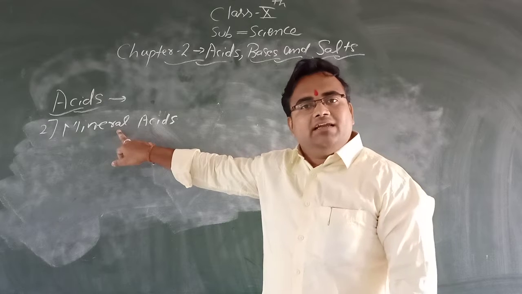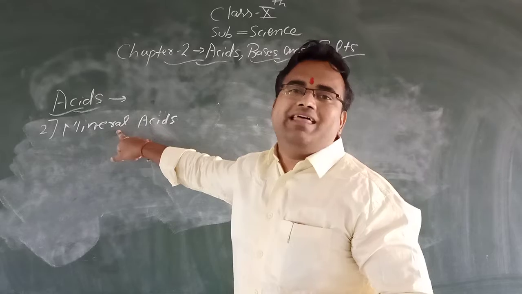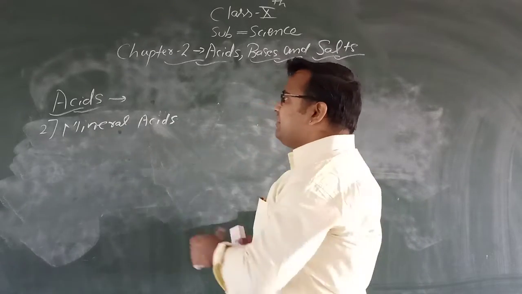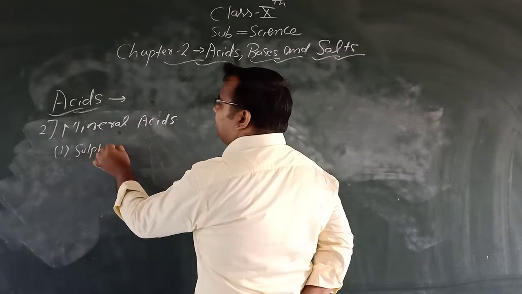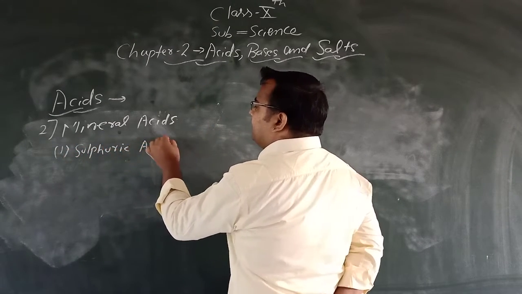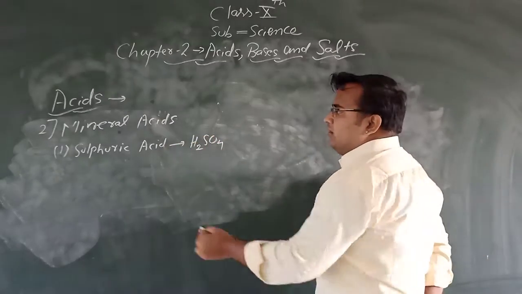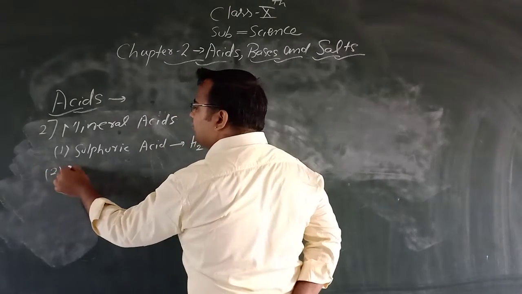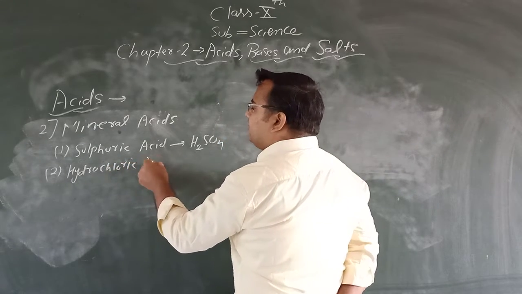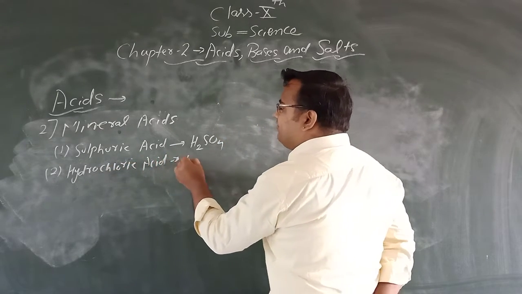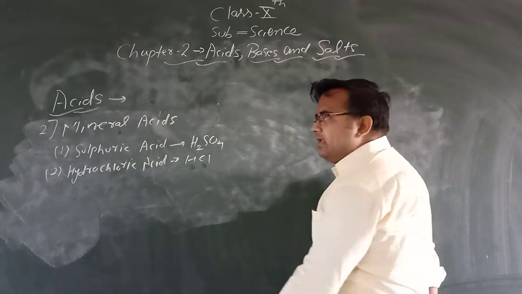The first mineral acid is sulfuric acid, and the formula for sulfuric acid is H2SO4. Second is hydrochloric acid, with the formula HCl.